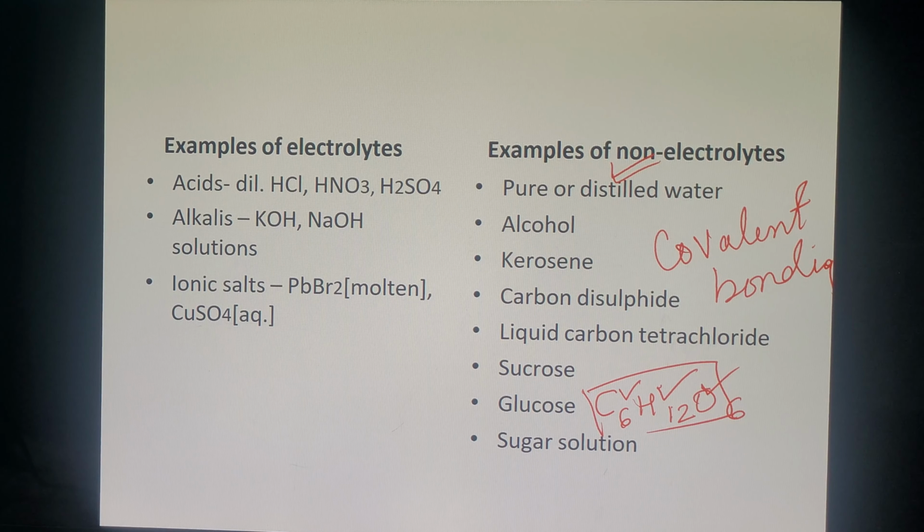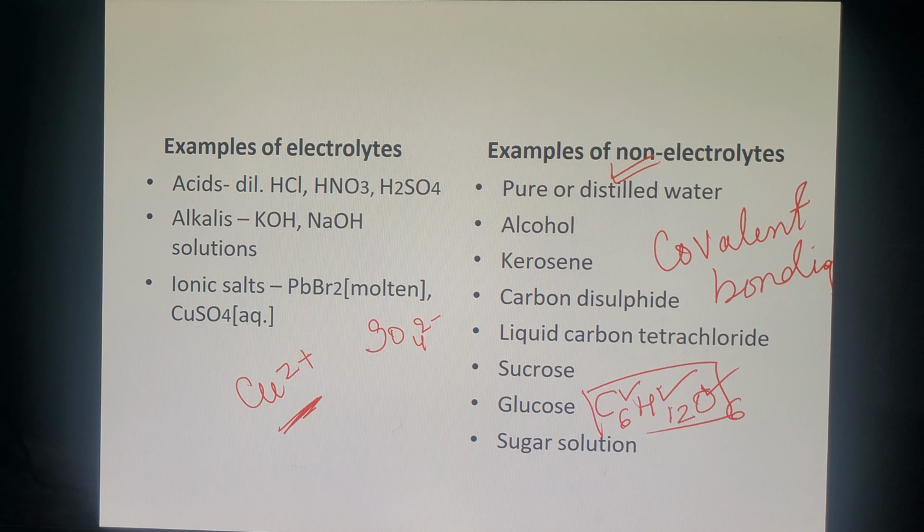When you come to, for example, let's take the case of copper sulfate. Cu is 2 plus, SO4 is 2 minus. Can you see you have a metal here and here you have a non-metal. So basically which type of bonding would have happened in copper sulfate? It would be an ionic bond.